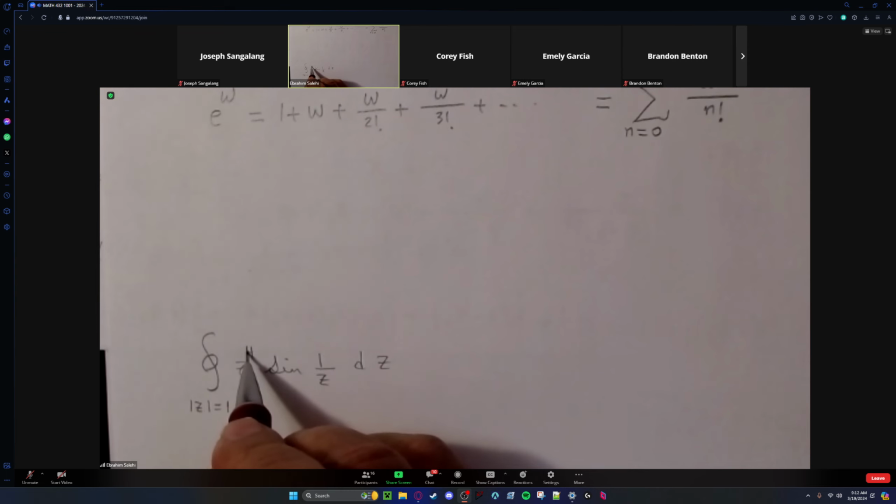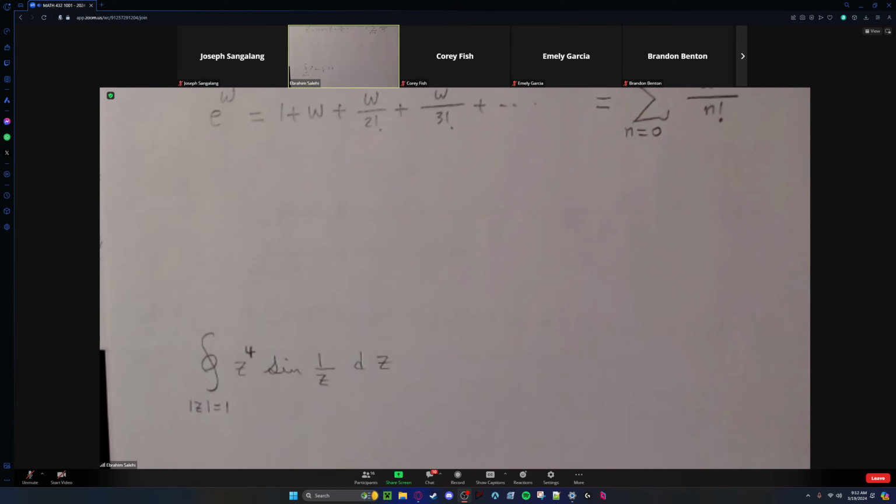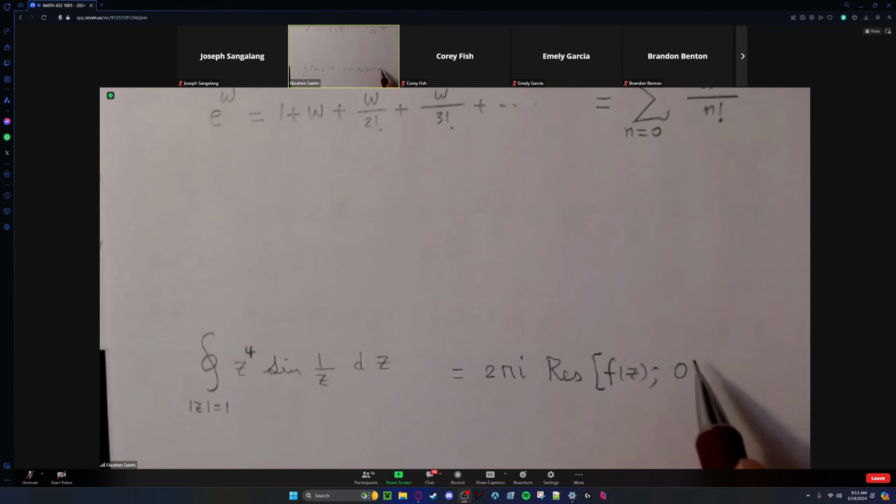We would like to find the value of this one. Based on the residue theorem and the Laurent series coefficient, this is equal to 2 pi i times the residue of the function at z equals 0, its singularity. Remember, the singularity is inside, at 0.